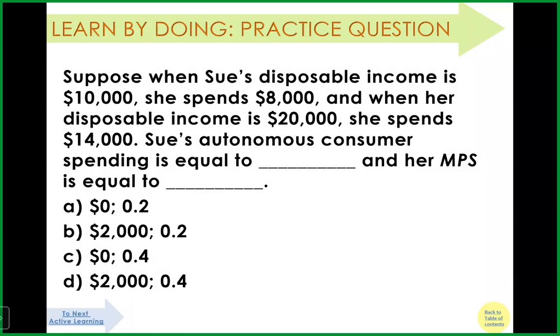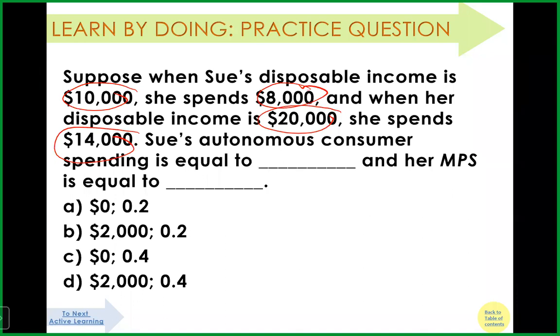Now, before we move forward, let's look at a practice question. Suppose Sue's disposable income is 10,000. If her disposable income is 10,000, she spends 8,000. Now, if her disposable income increases to 20,000, she spends 14,000.